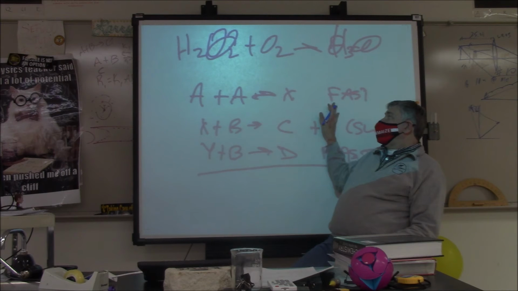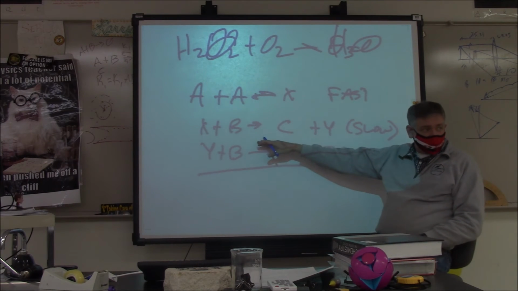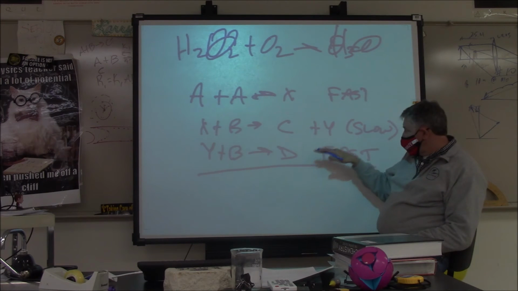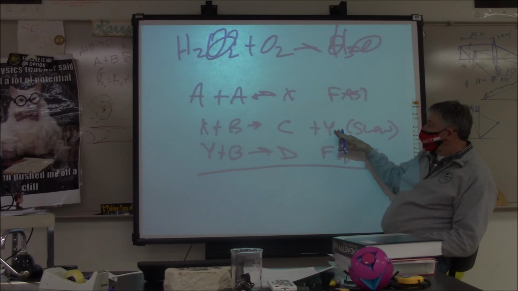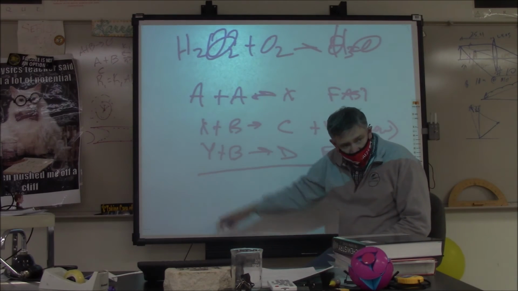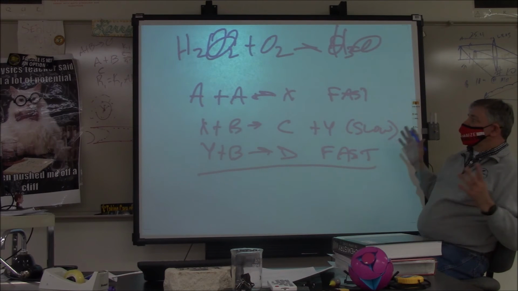That's what could happen here. But here's my slow step. Then basically, as fast as I produce Y, it gets consumed down there. So, Noah Hale, what are my intermediaries in this reaction?